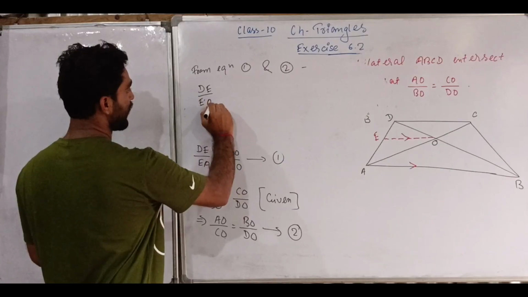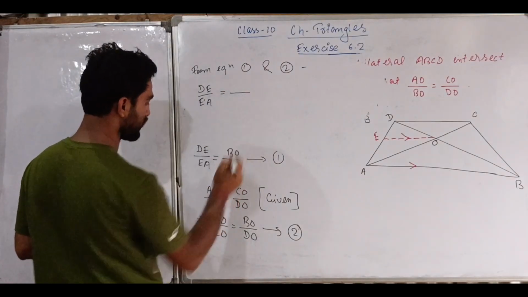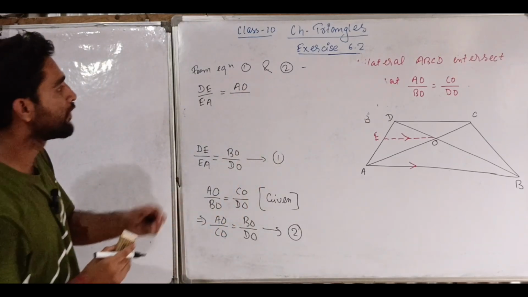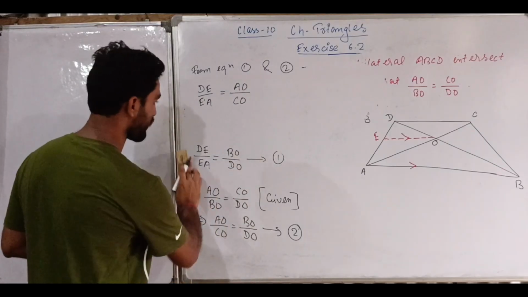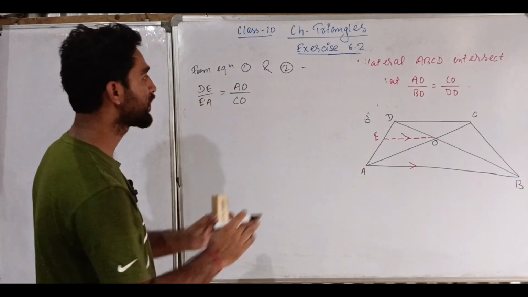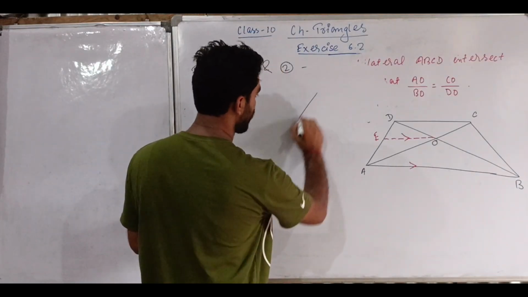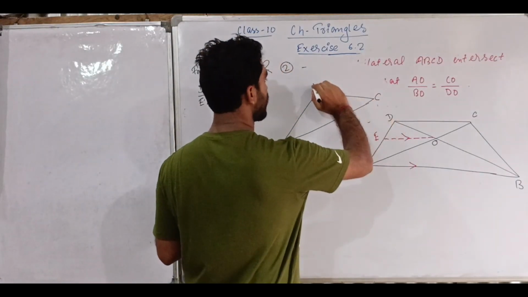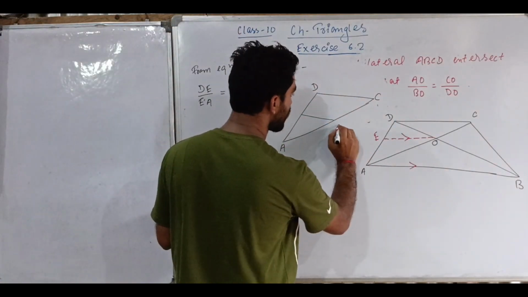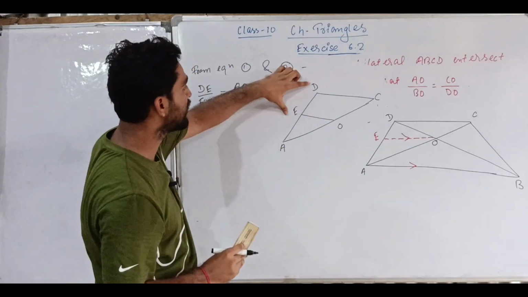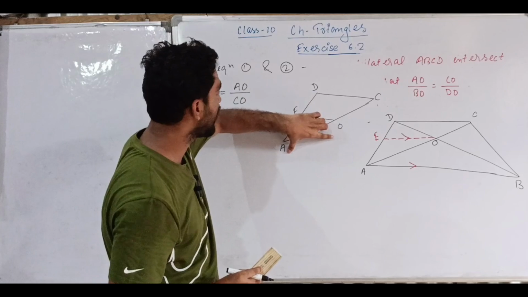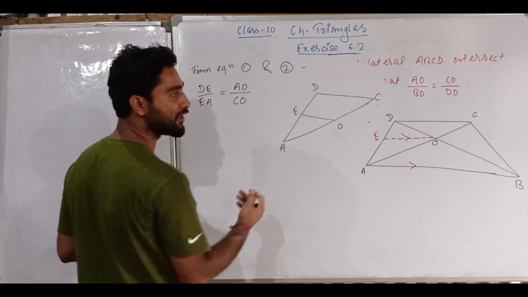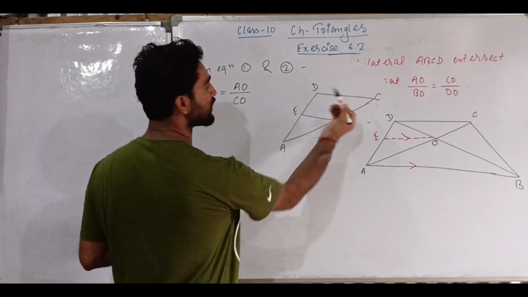DE divided by EA is equal to AO divided by CO. Now you see, if we observe triangle ACD, in this triangle we have just proved DE divided by EA is equal to AO divided by CO. Now, if in a triangle any line divides two sides in the same ratio, that means this line must be parallel to the third side.